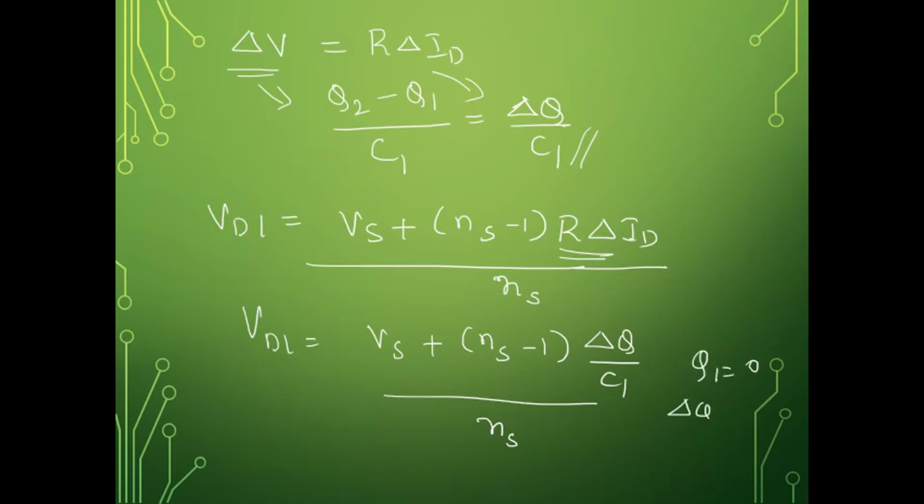In that case, delta Q will be equal to Q2. So the transient voltage sharing is given by Vdt maximum is equal to Vs plus Ns minus 1 into Q2 divided by C1, the whole thing divided by Ns.